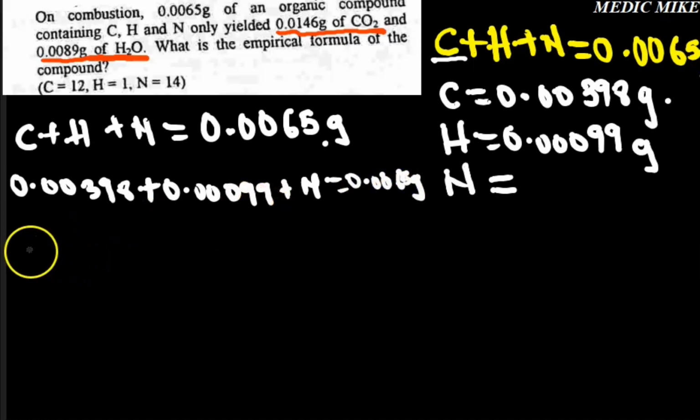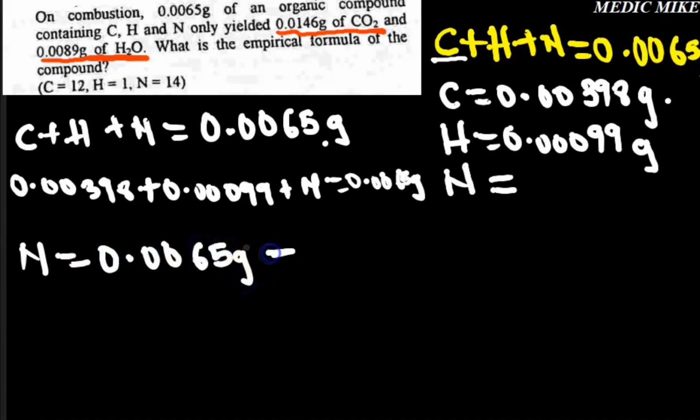So what we're doing next is N will be equal to 0.0065 gram subtracted from the sum of 0.00398 plus 0.00099, which is when we add the respective masses of carbon and hydrogen, we'll be getting 0.00497.